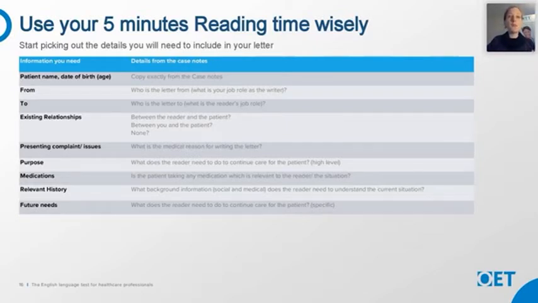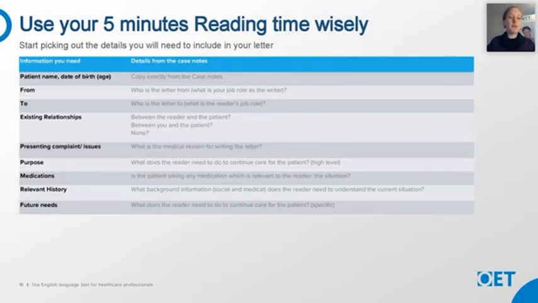Then, what is the presenting complaint or issue? Or in other words, what is your medical reason for writing the letter, which will be given to you in the case notes? And this is different to the purpose of your letter, which is what does the reader need to do at a high level to continue care for the patient. Noting any medication the patient is taking, which is relevant to this reader and this situation, is also a good idea.